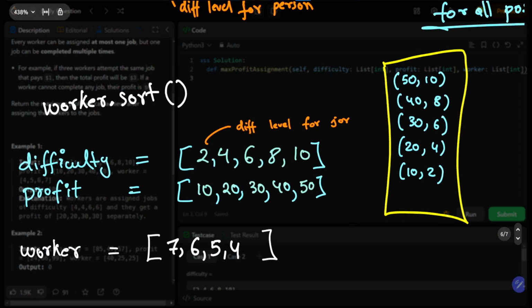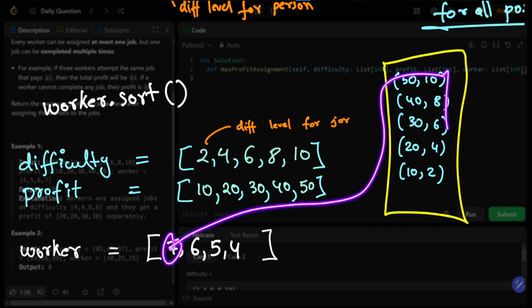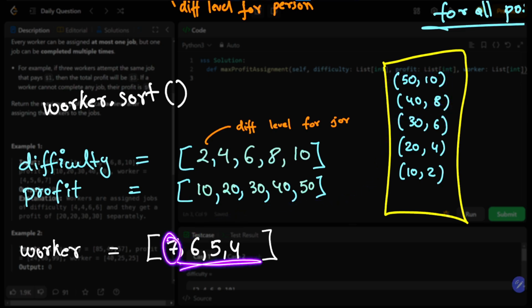So if you see, if I say this particular person has difficulty level 7, I can remove all the difficulty levels which are greater than 7, because this person cannot do a task which is more than their level.